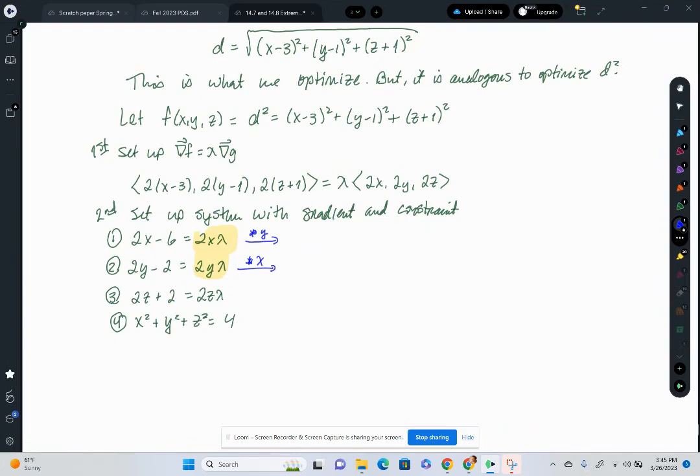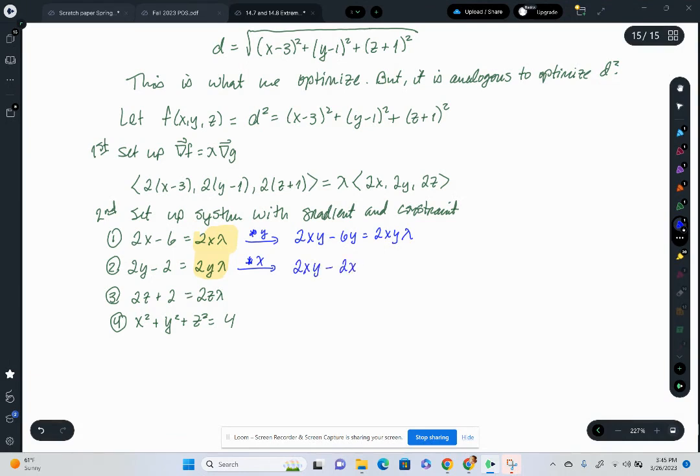Multiplying the first by y, I get 2xy minus 6y equals 2xy lambda. Multiplying the second by x, I get 2xy minus 2x equals 2xy lambda. Two equations equal to the same thing should be equal to each other, so 2xy minus 6y equals 2xy minus 2x.